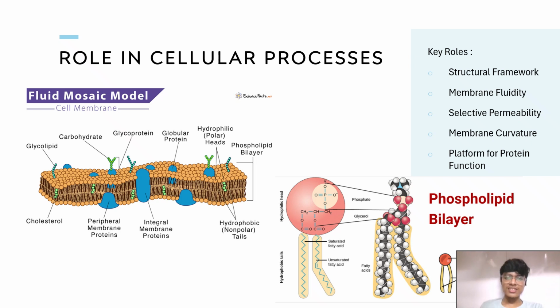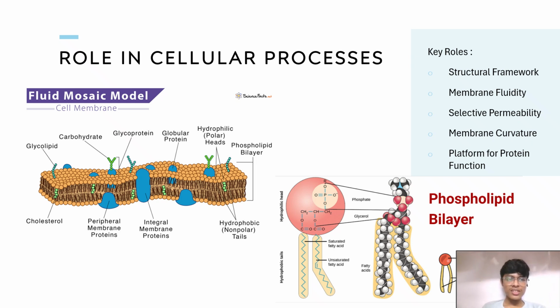This phospholipid bilayer plays an important role in our body. Basically, the phospholipids create a stable barrier that separates the interior of the cell from the external environment. Another one is membrane fluidity.